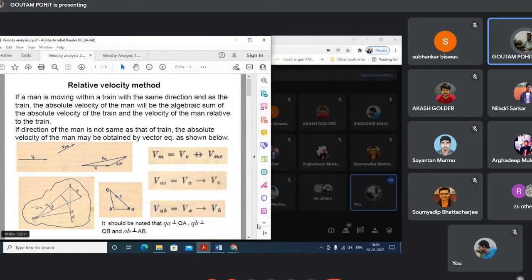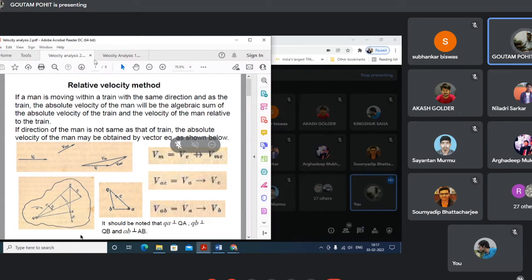That means somebody is sitting at the point Q, that is, sitting on Earth. Q is fixed to the Earth. If somebody is sitting on Earth, what he will see is the velocity of A, the absolute velocity of the point A. And the relative velocity of A with respect to C is what somebody moving with point C observes as the velocity of A. So this is the relative velocity.